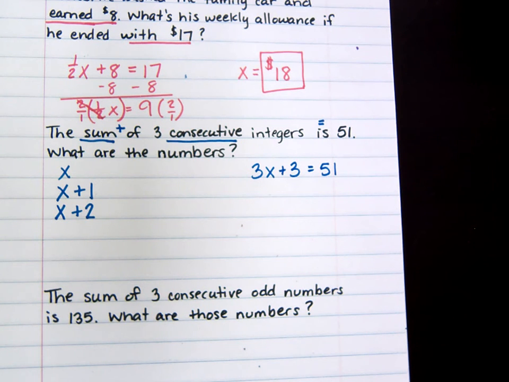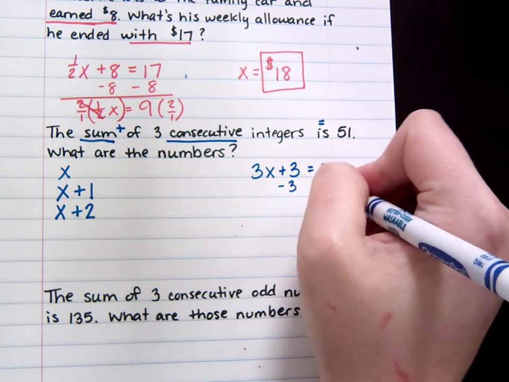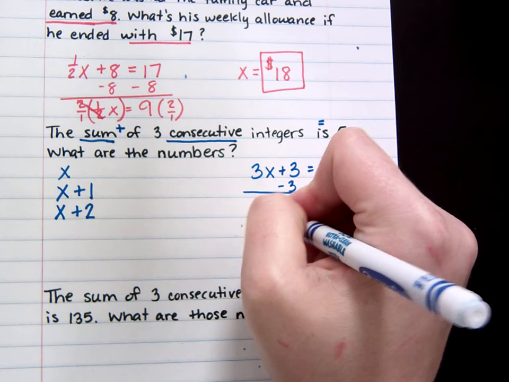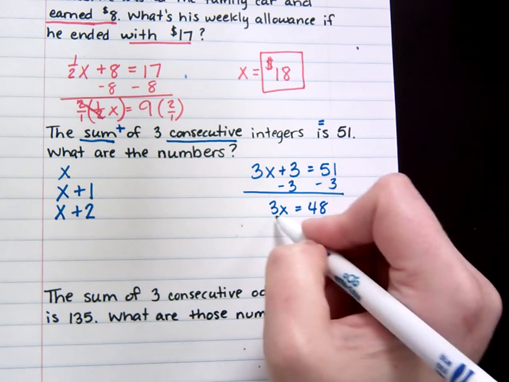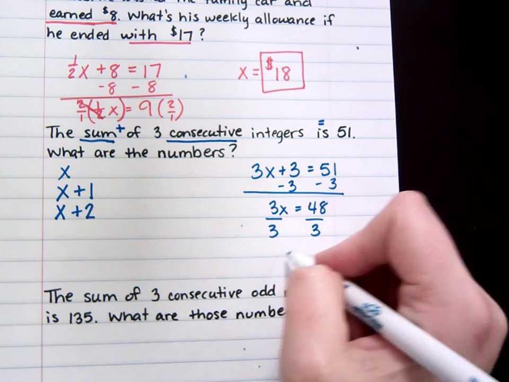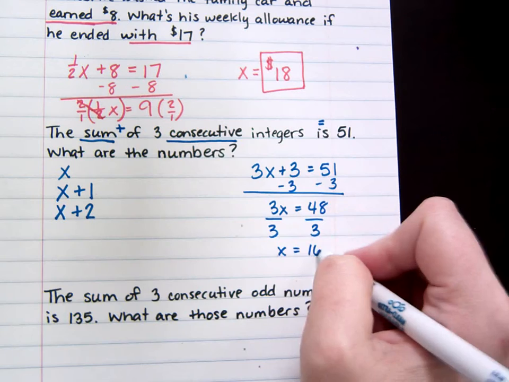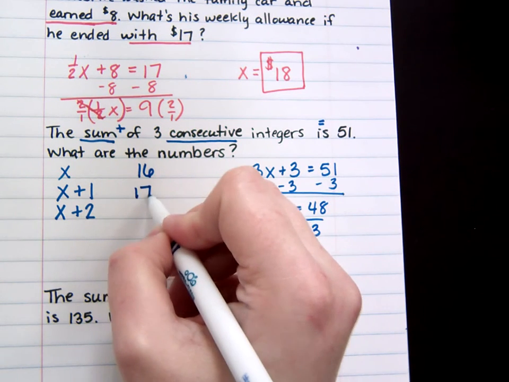And now we have an equation that we can solve. So start by subtracting 3 to get 3x equals 48. Divide off the 3, and we get an x value of 16. So my three consecutive integers are 16, 17, and 18.